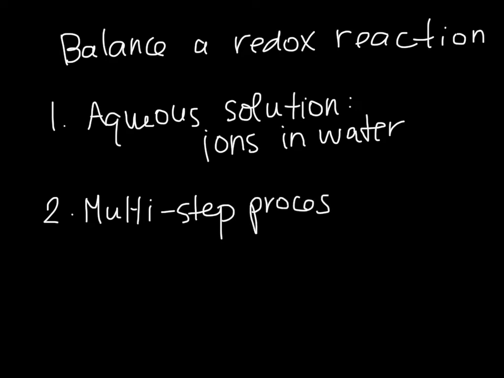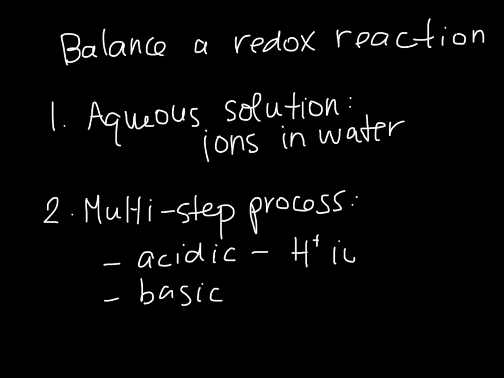There's one process that we use if the solution is acidic and another if the solution is basic. If it's acidic, then we have H+ ions remaining in the solution. If it's basic, we have OH- ions remaining in the solution. The procedures are pretty close. Basic just has one more step than acidic. So let's take a look at these steps and work out an example along the way.